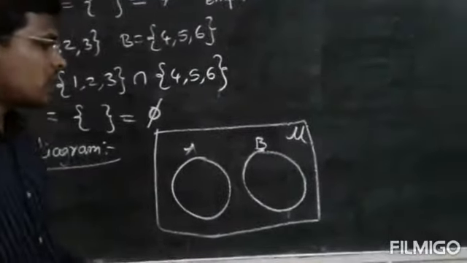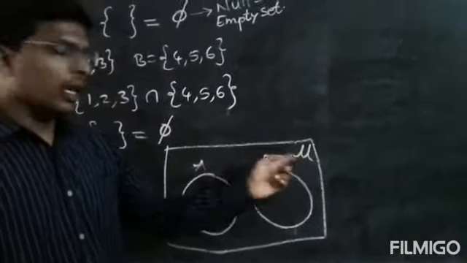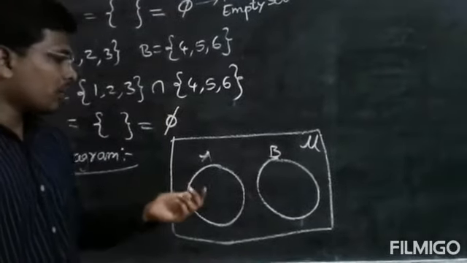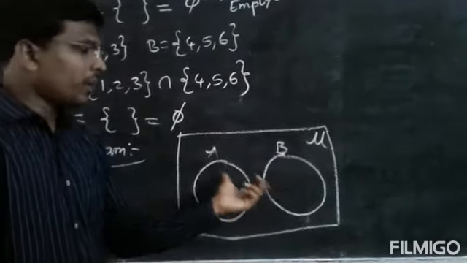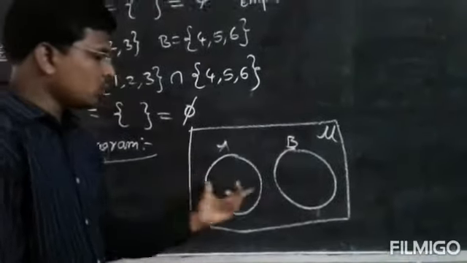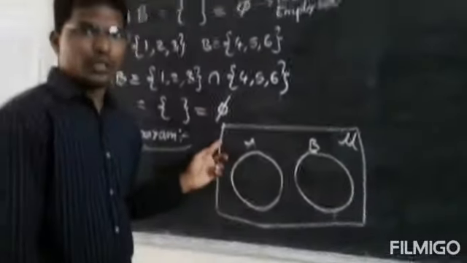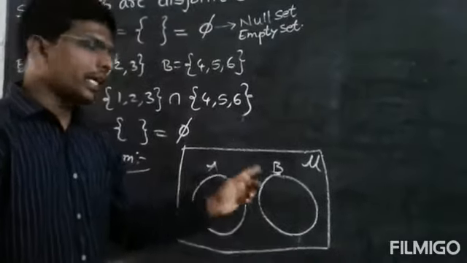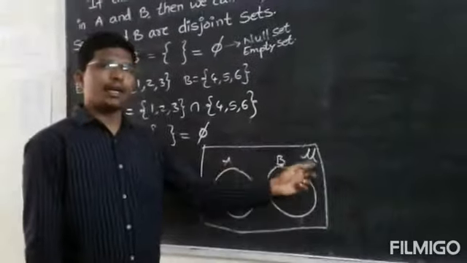Most students are not representing the letters A, B and mu, and are not drawing the rectangular box. Some of you take these two circles as rectangles, no problem, but the whole figure should be represented in a closed figure, any closed figure. Most of you forget to draw this box, so try to draw the rectangular box and represent the letters A, B and mu.